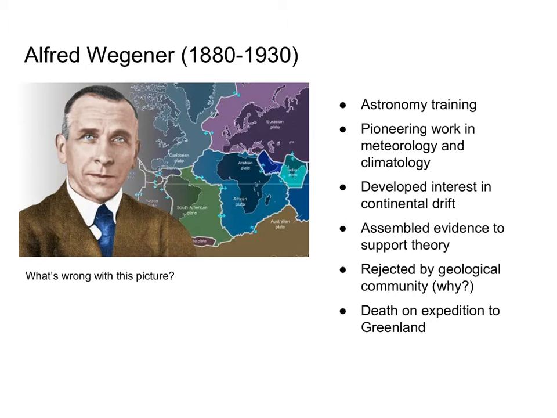It's the idea that there are plates on that diagram at all associated with Wegener, because he did not propose plate tectonics. He proposed continental drift. And so the reason why I asked that weird question, what's wrong with this picture, is to reinforce in your mind that continental drift and plate tectonics are two separate ideas, two separate theories, hypotheses.